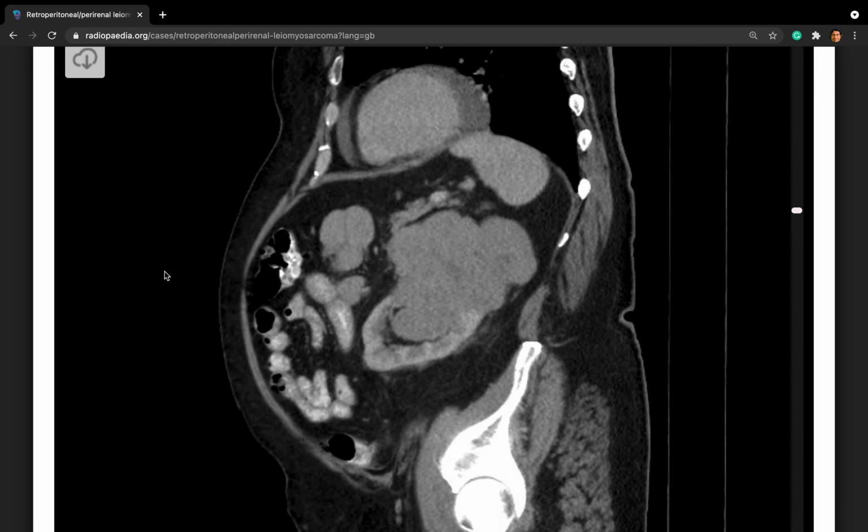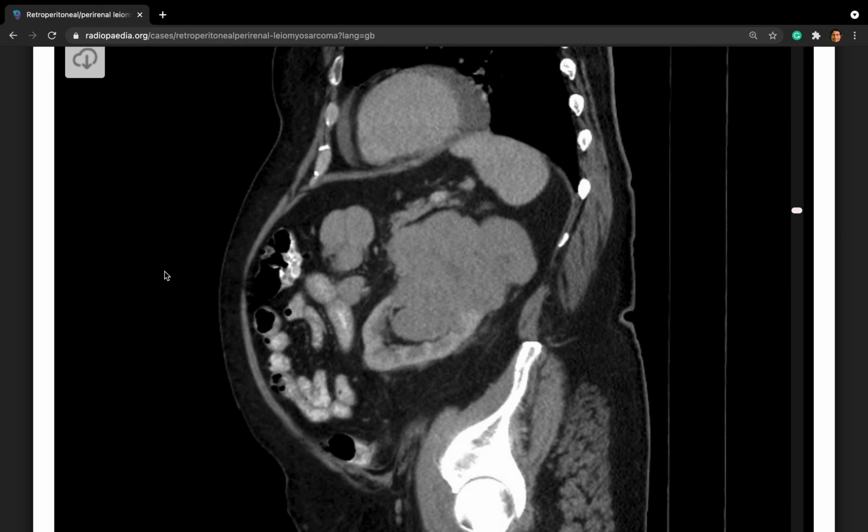Okay, so how will you plan his surgery? So once he has recovered from the current problem and once his paraneoplastic symptoms are controlled, I'll discuss this with the senior anesthetic colleague. I will involve the nephrology team.